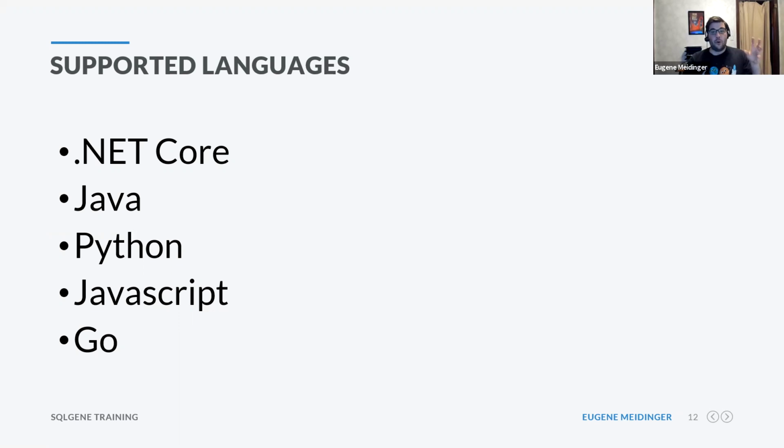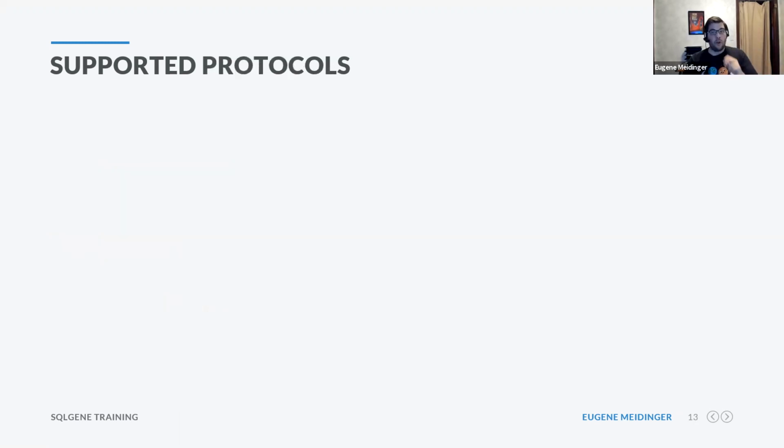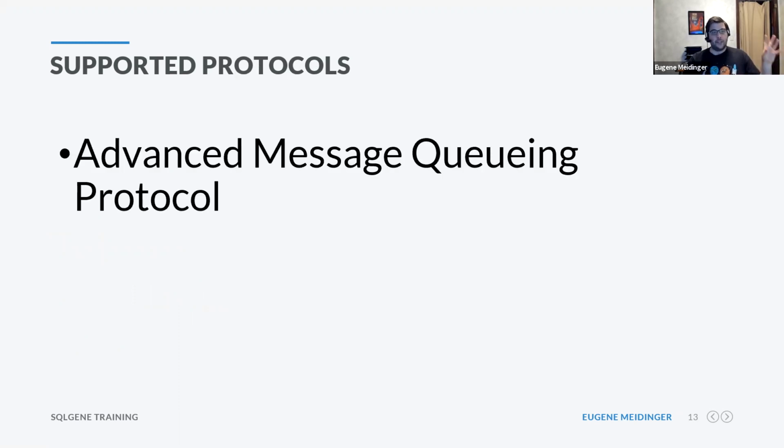In addition to supported languages, you could roll your own support. There's 3 protocols that are supported for Azure Event Hubs. The first is the Advanced Message Queuing Protocol. All you really need to know about this is that it's been around for decades, and it's a standard protocol if you want to do message queuing, so you're going to find a number of libraries out there with support for it.